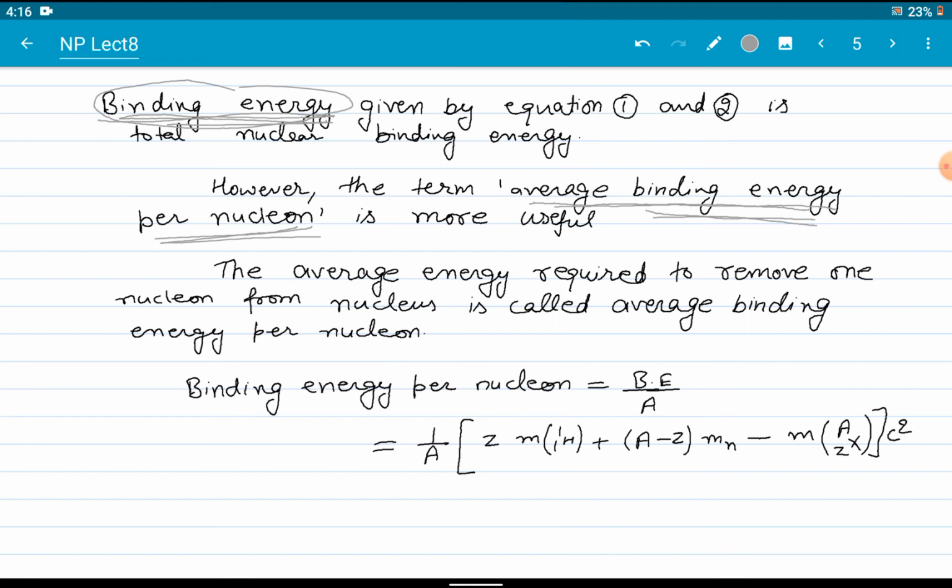So the average energy required to remove one nucleon from the nucleus is called the binding energy per nucleon. Okay, so total binding energy, when divided by the total number of nucleons, we get the binding energy per nucleon, and this is simply given by dividing the expression for binding energy by A. Okay, let's come on to next page.